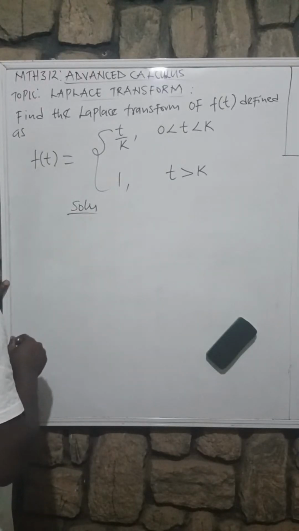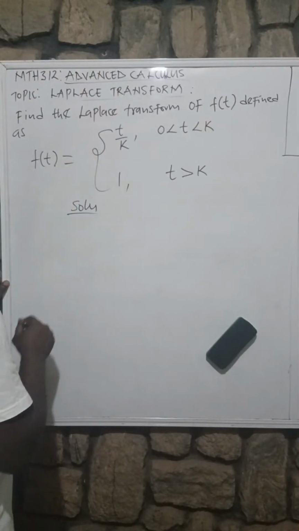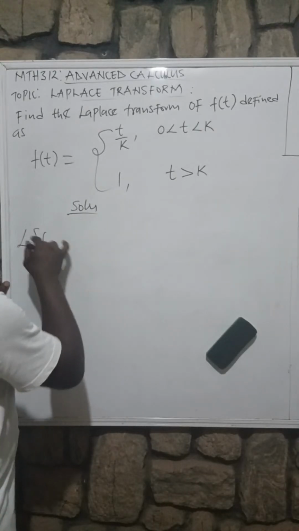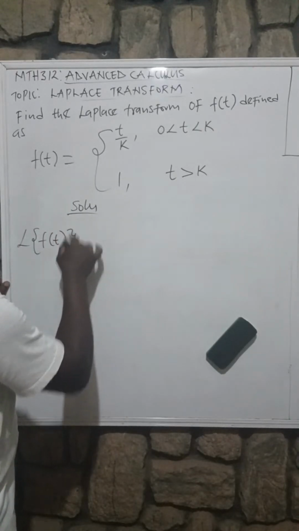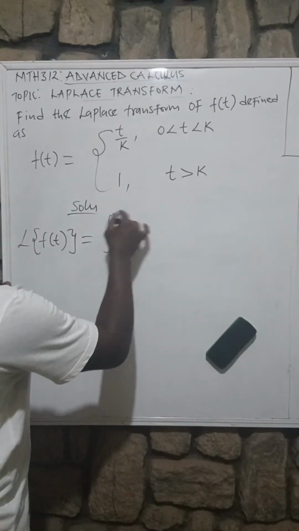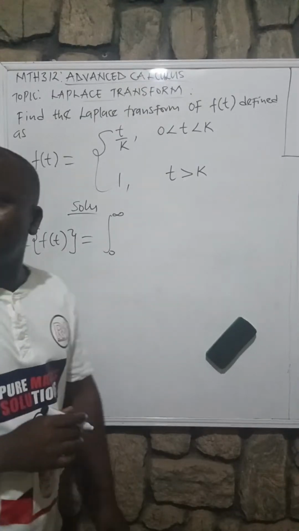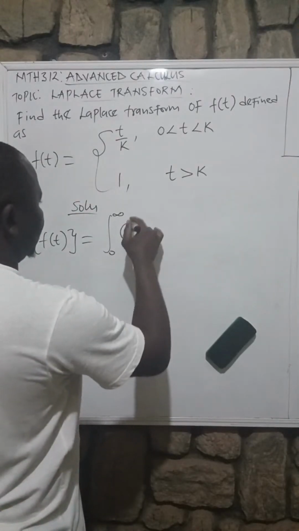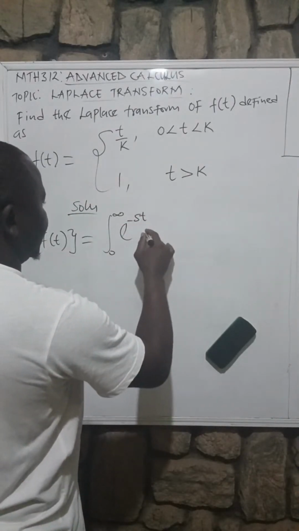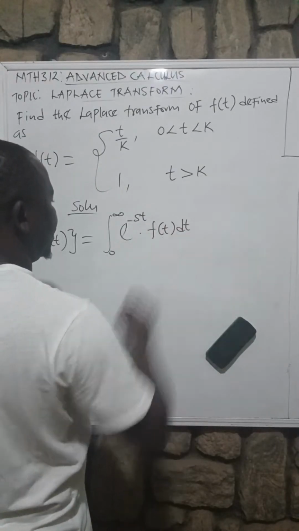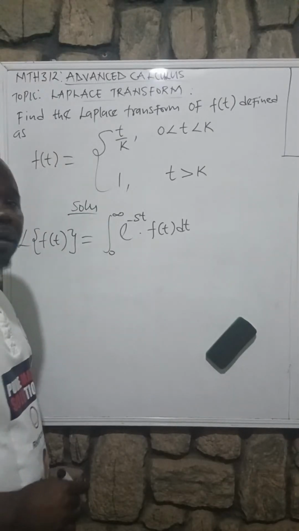I want us to take note that the Laplace of f of t is equal to the integral from 0 to infinity, true or false? Exponential minus st times f of t dt. True or false?